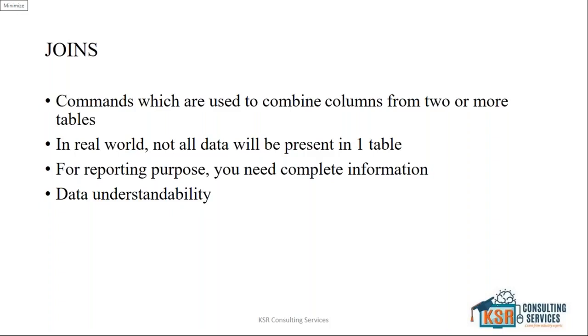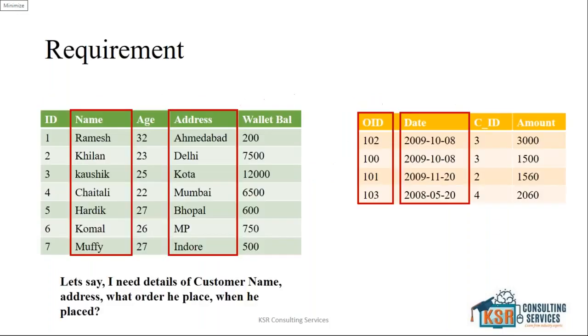The same way, here one table has the customer information and one table has the sales information. Nowhere are they going to put everything into one table, because the data will be huge. They have to maintain a proper structure.